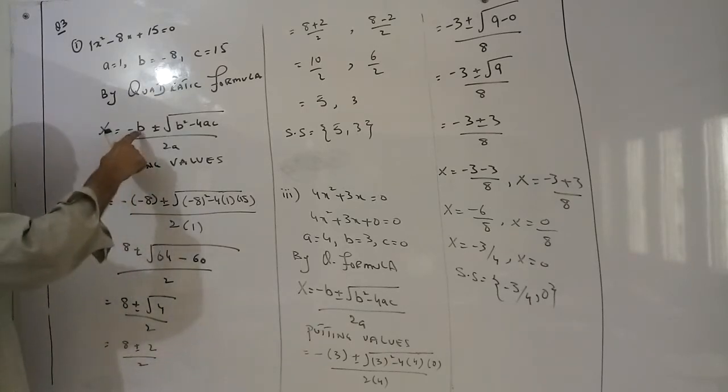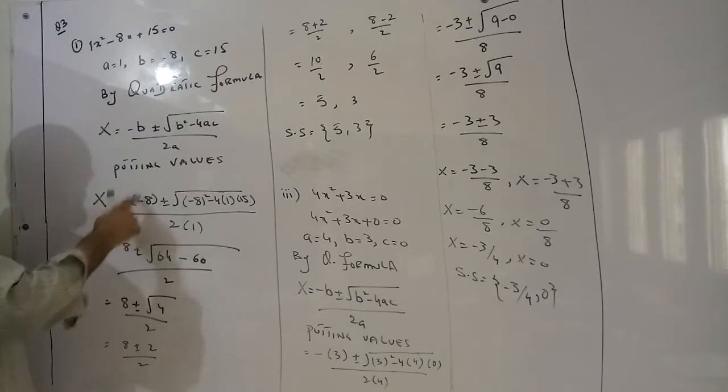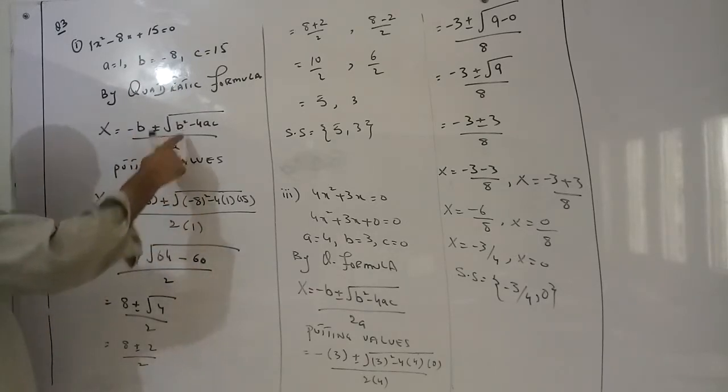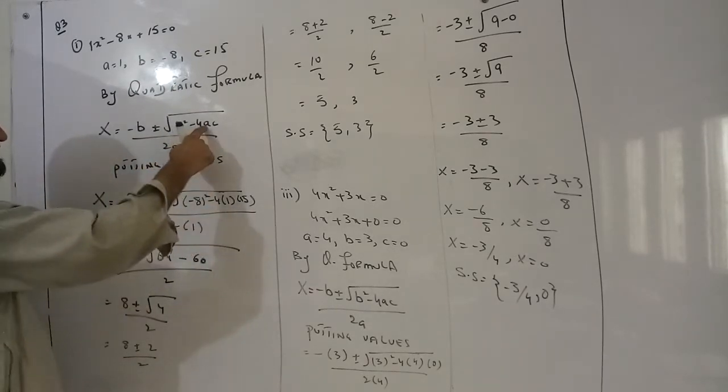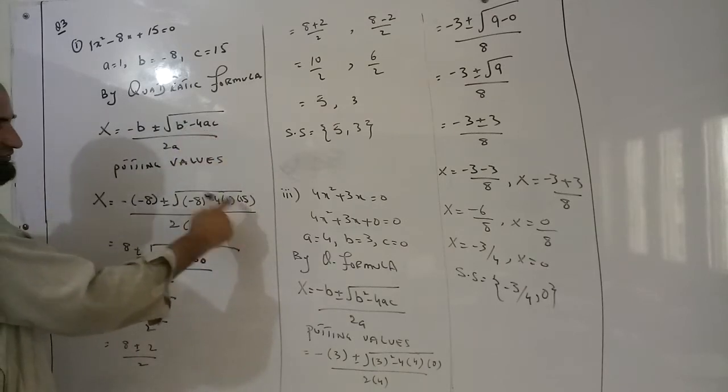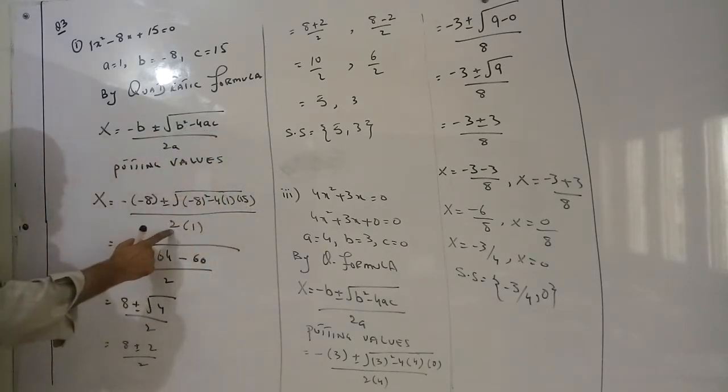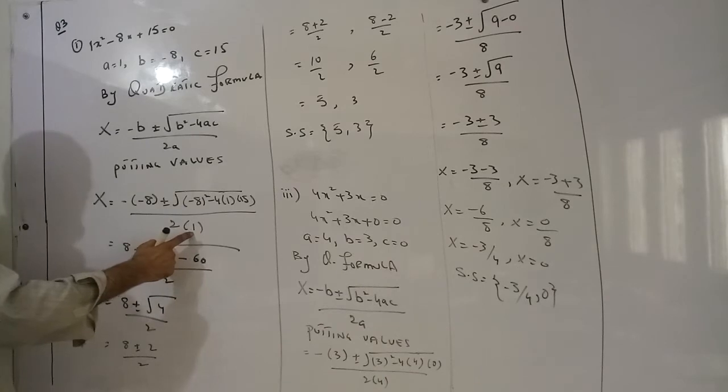Minus the value of b, which is minus 8, plus minus the square root of b square, minus 8 square, minus 4, a is 1 and c is 15, divided by 2a. The value of a is 1.